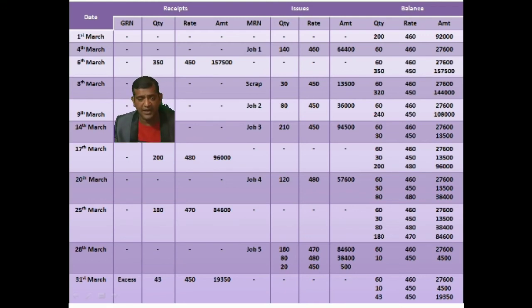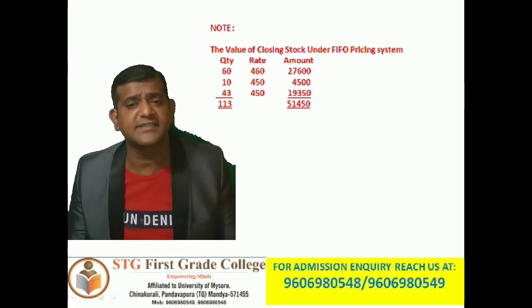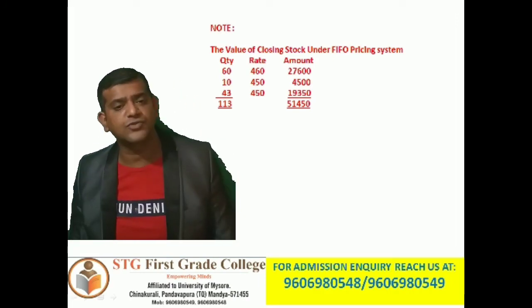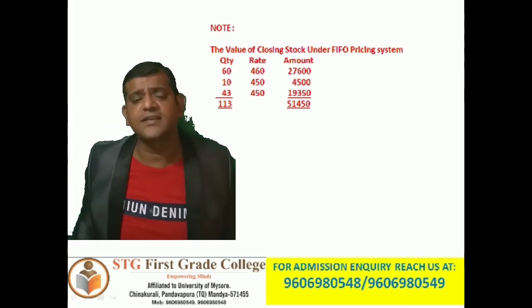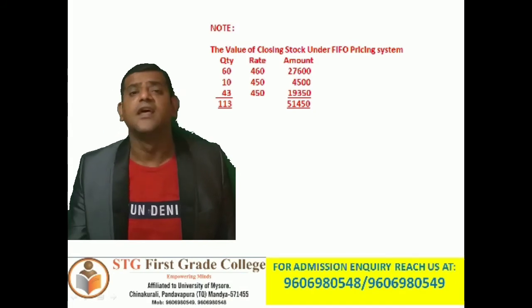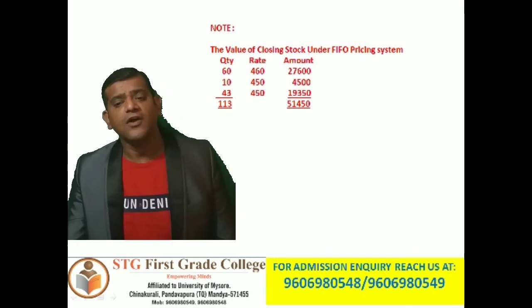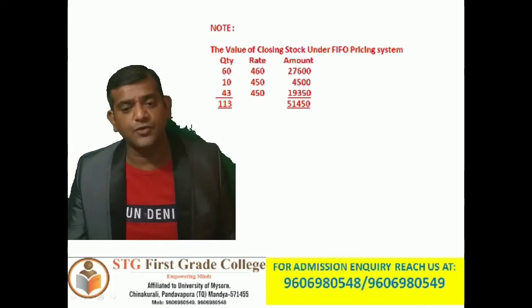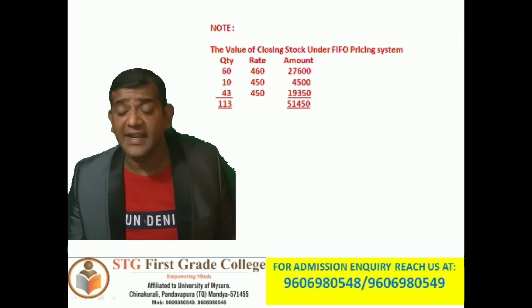that is 31st March. Okay, so now let us look into the closing stock value under LIFO method, that is last in first out pricing system. So open three columns, that is quantity, rate and amount. So under quantity, take down the first balance column, that is 60 tons at the rate of 460 rupees, 27,600 rupees. Next we have 10 tons at the rate of 450 rupees per ton, so that is 4,500 rupees. Next we do have 43 tons at the rate of 450 rupees, that comes to 19,350.